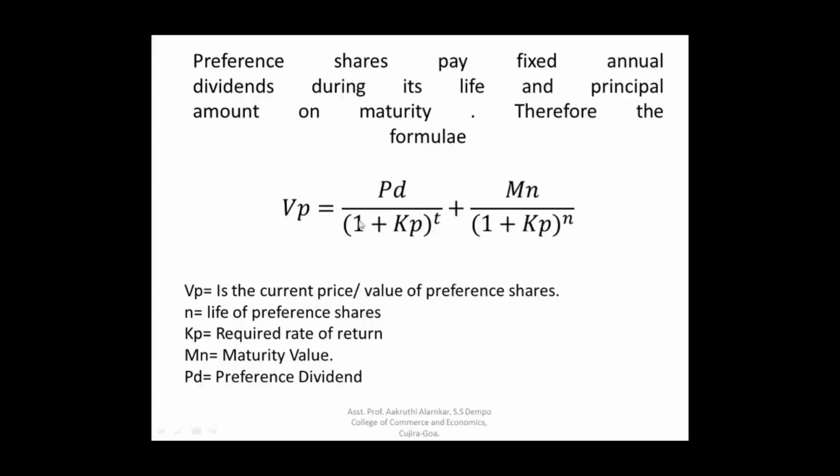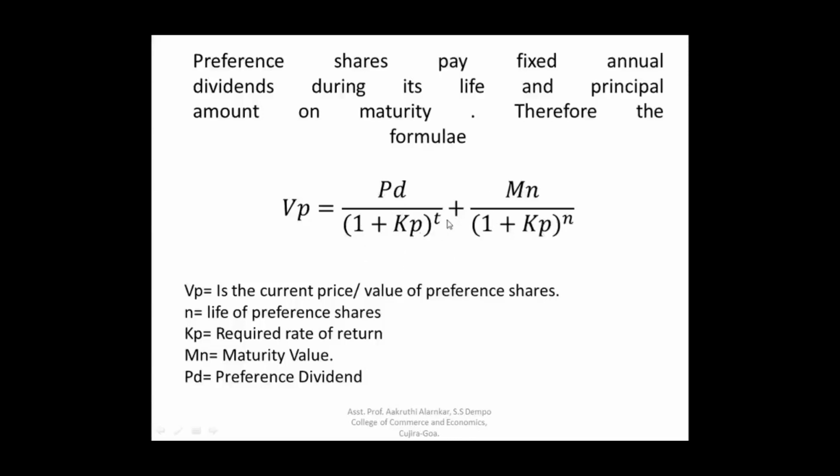So taking Kp into consideration, the discounting factor is used to discount the preference dividend and the principal amount in order to find the current value of preference shares. That is, the current price of preference shares is found by discounting the preference dividend and the maturity value.